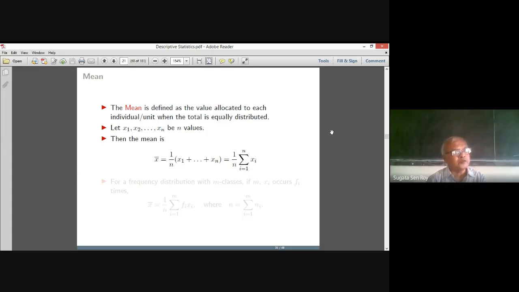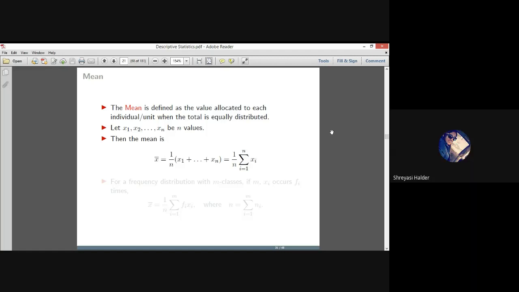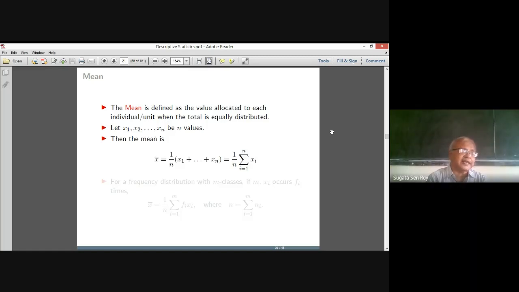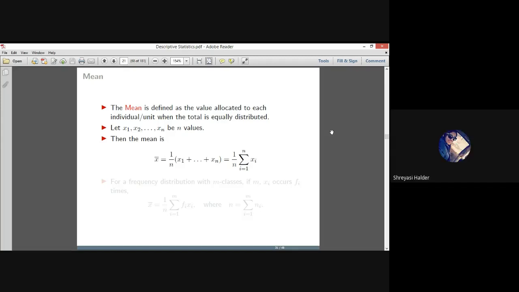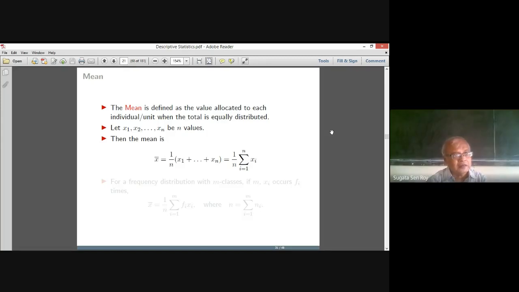Suppose in a class, 3 students get marks like 20, 80, and 60. So we ask what the average mark is. It will be 80 plus 20 plus 60, that is 160, divided by 3.